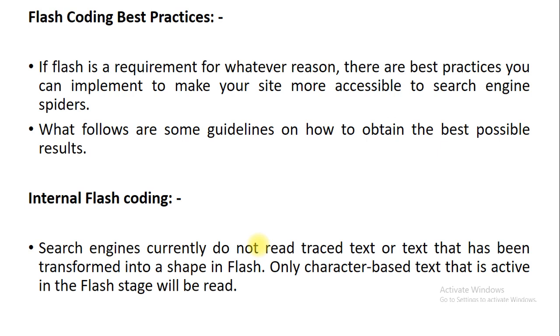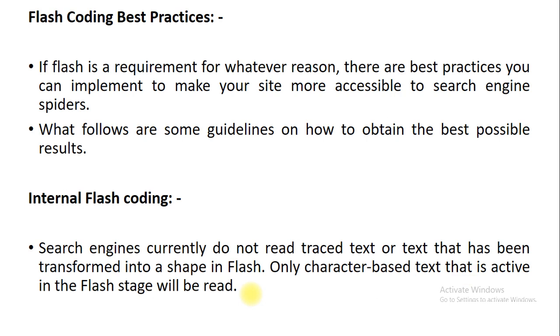But search engines do not currently read traced content or text that is transformed into shapes. So it is better to avoid using shapes in the Flash content. You just need to use only character based text which is active on the Flash stage, and that will be read properly. Let me repeat this point once again.